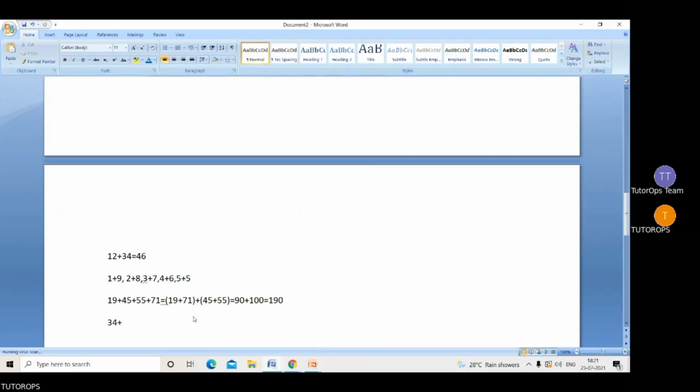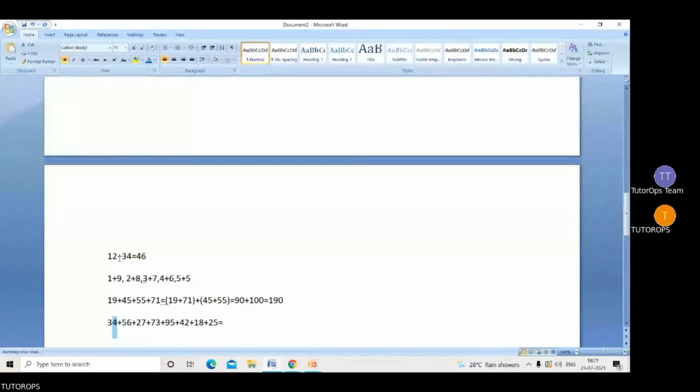Now let me take another example. Say 34 plus 56 plus 27 plus 73 plus 95 plus 42 plus 18 plus 25. Now, we know there are 1, 2, 3, 4, 5, 6, 7, 8 numbers. But how to calculate the sum of these 8 numbers quickly? We may need to create those groups. So basically, I am repeatedly telling that we only need to focus on the last digit.